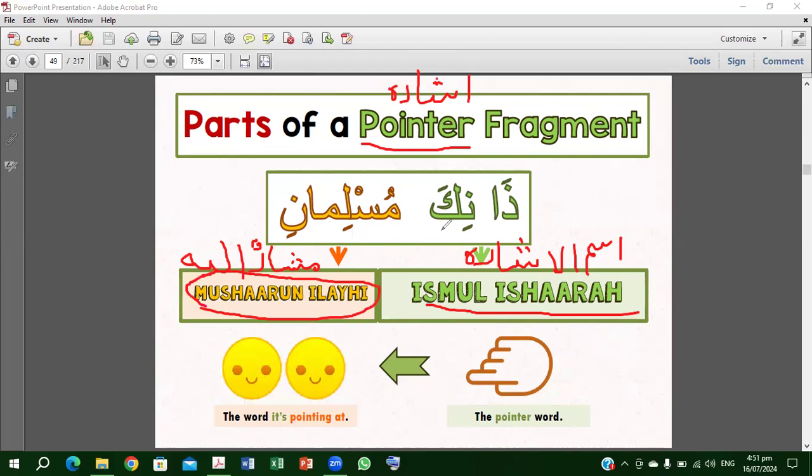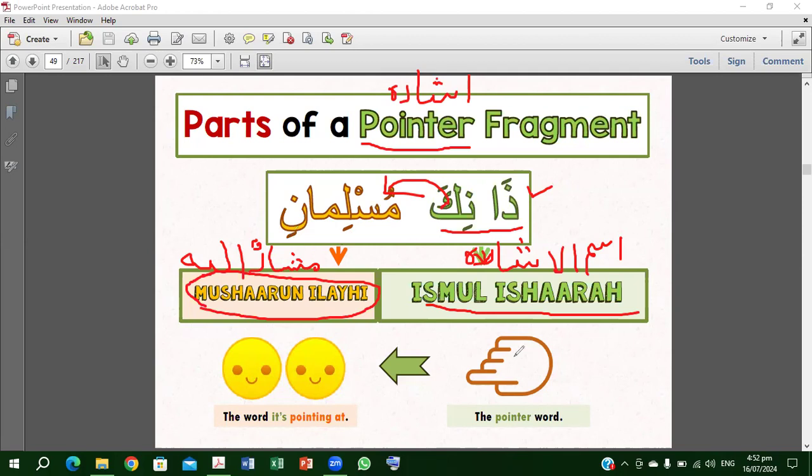Okay, so for example, zanika is ismul ishara. Okay, you can see this arrow. Zanika is ismul ishara and muslimani is musharun ilayhi. Yani this pointing is towards this. Ilayhi means towards.